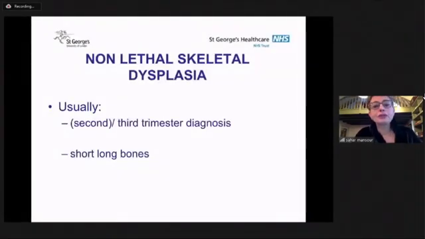And finally, I'm going to talk about the non-lethal skeletal dysplasias. These are not usually diagnosed in the first trimester. They're usually in the second or third trimester, and they usually present, as Aris has outlined, with short long bones.